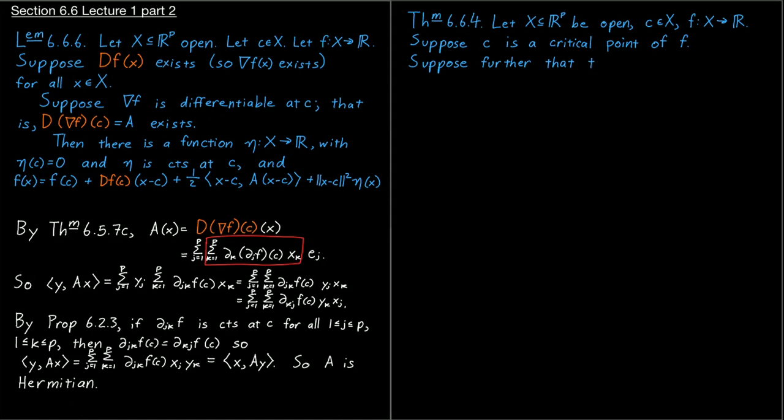That there is a function, a Hermitian linear function, let's call that A, a linear map from Rp to Rp, and Hermitian.